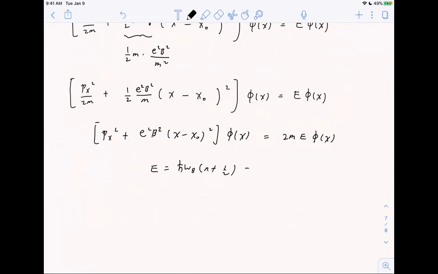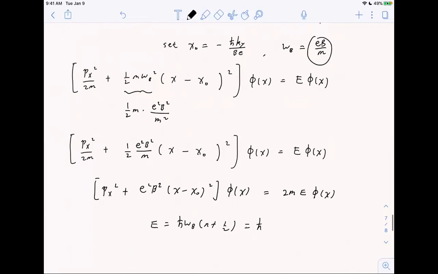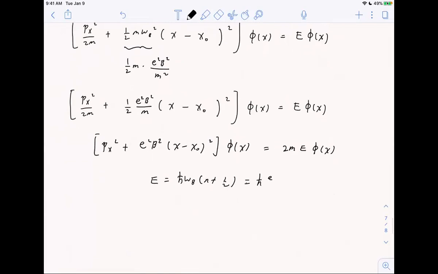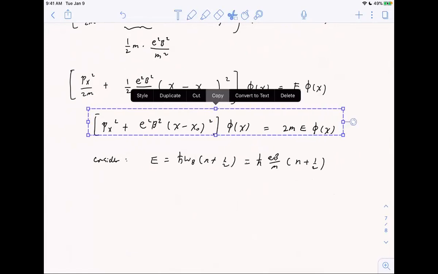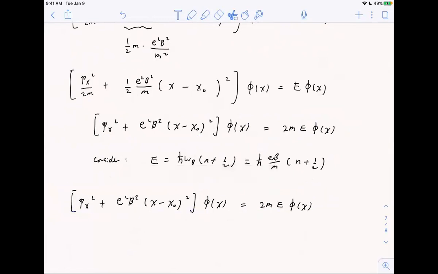So what is h bar omega? This one is e b over m. Okay, e b over m. So consider, this equation will become 2m with this thing.